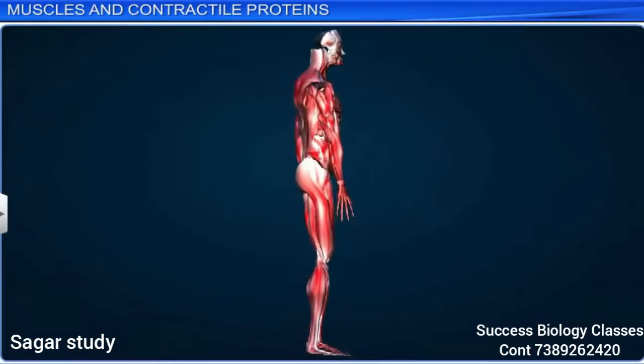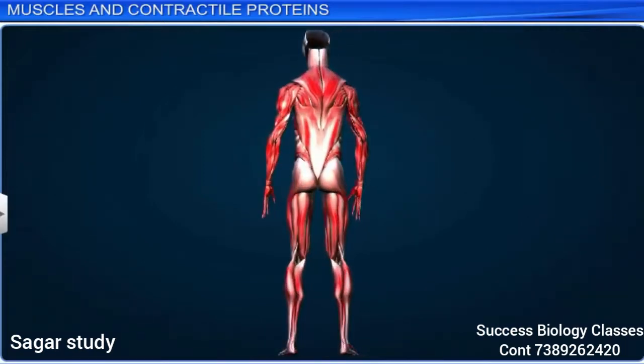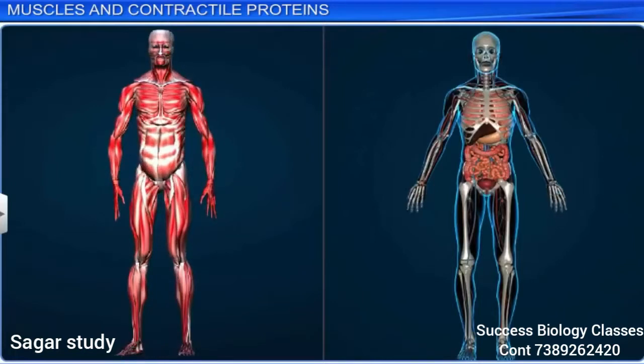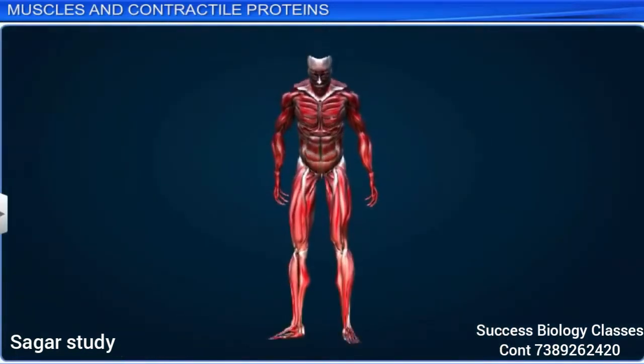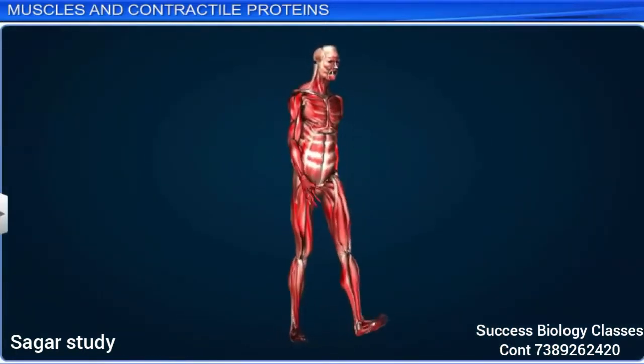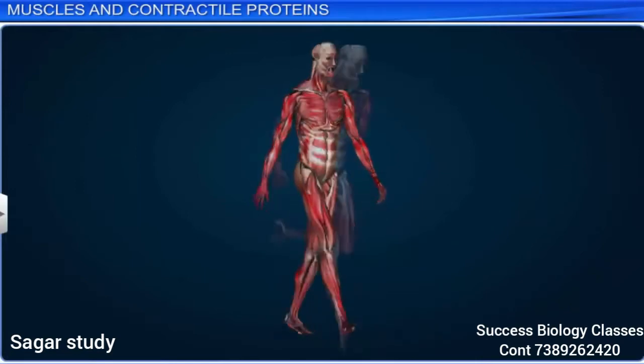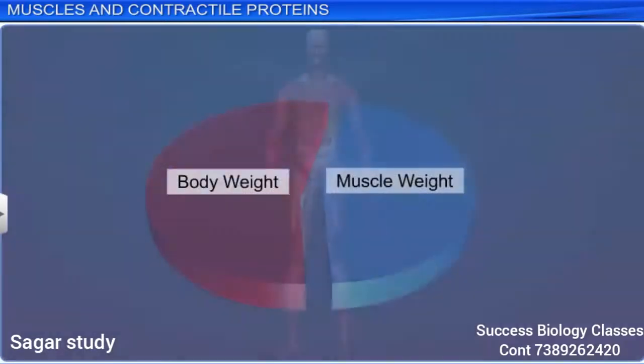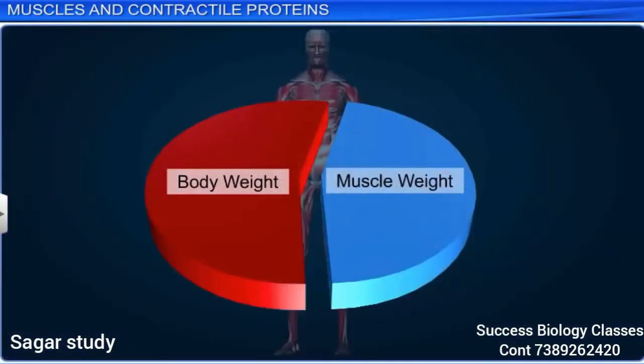Muscles play an important role in body movements as well as the movement of internal organs. Without muscles, it would be impossible to bend, stretch, walk, or perform any activity. In fact, muscles constitute about 40 to 50% of body weight in adults.